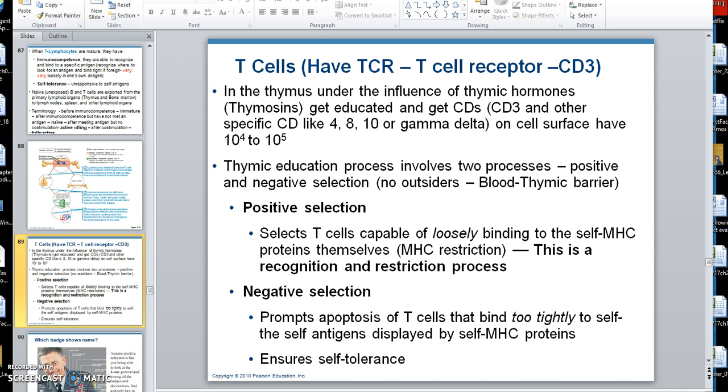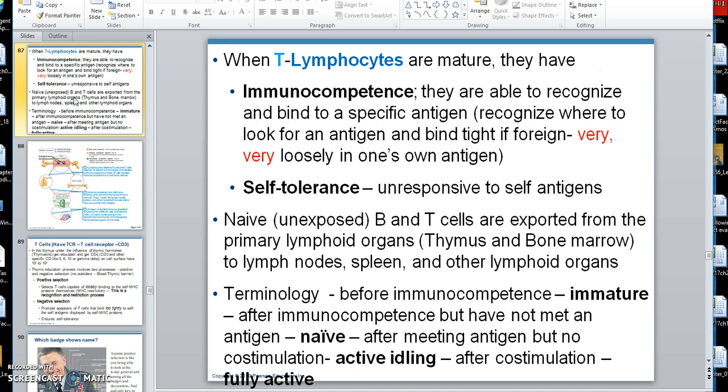So going back to an earlier slide, lymphocytes must develop immunocompetence, that is, to look for the proper areas on the cell membrane of a cell and find if it's foreign, and attack that if it's foreign, but also develop self-tolerance in the education so that you don't attack yourself.